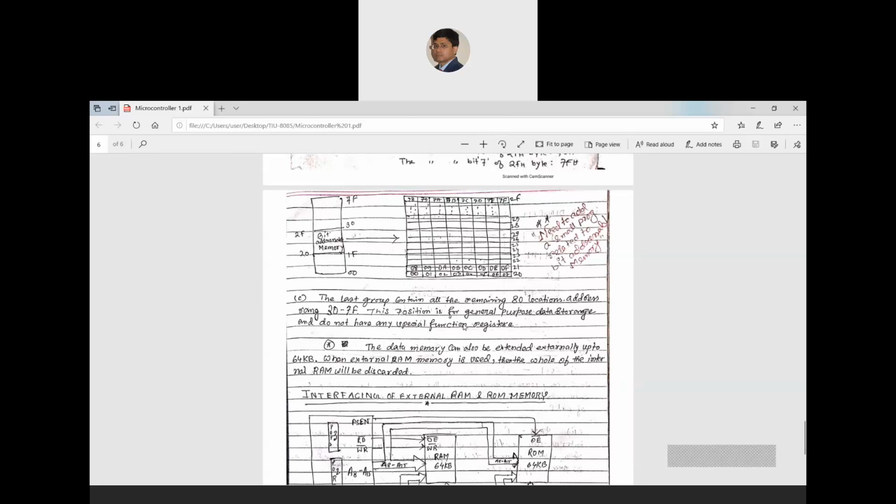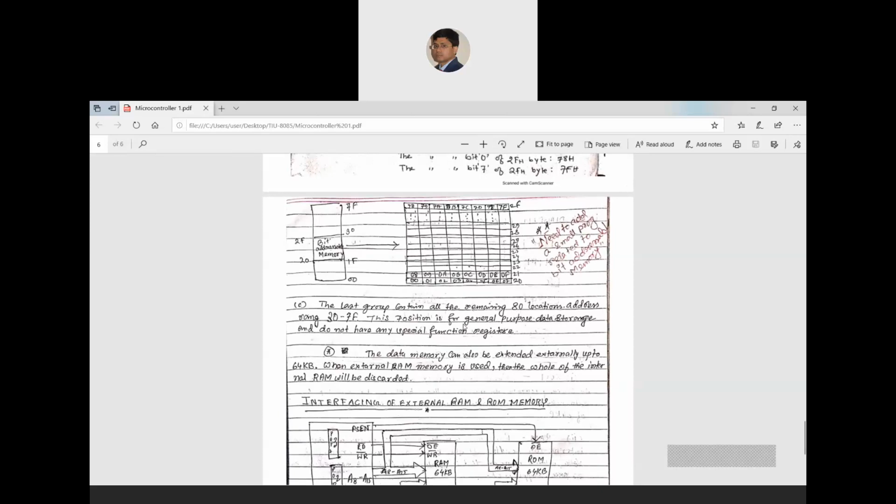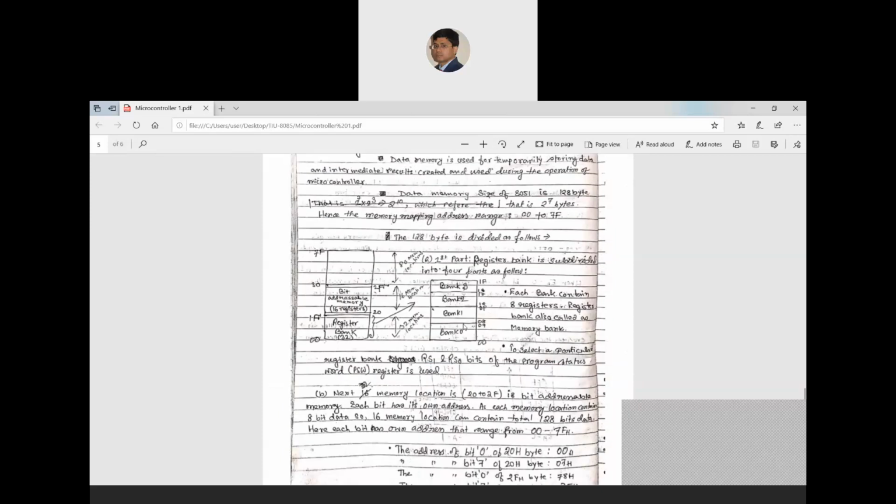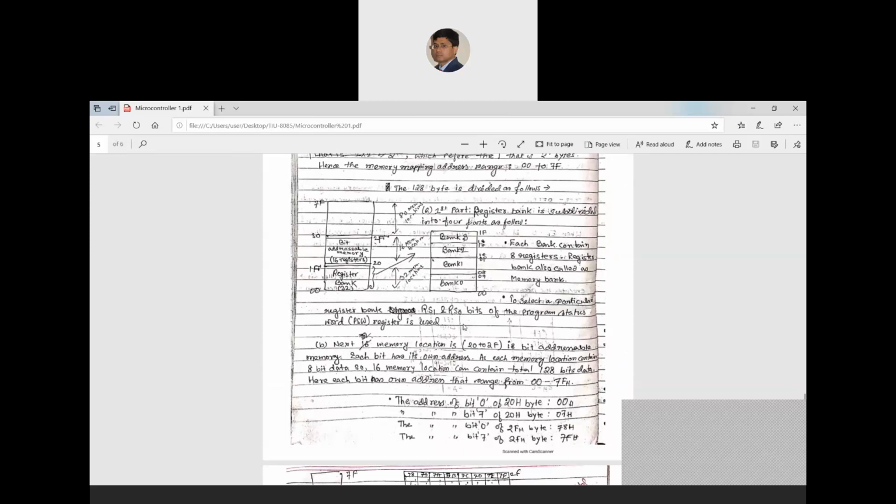In the data memory section, we have seen that it has multiple uses. I can use the data memory section as a register bank, as a bit addressable location, or as normal storage of data.